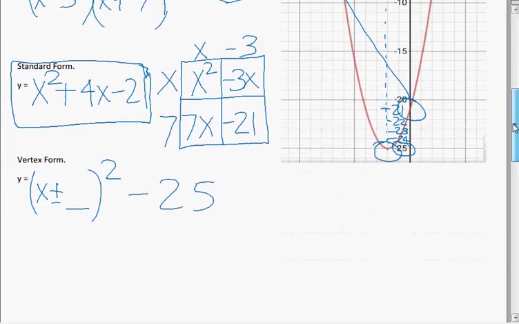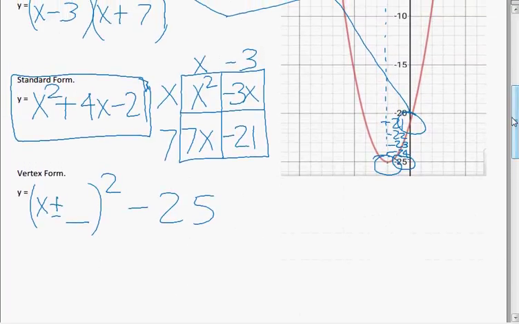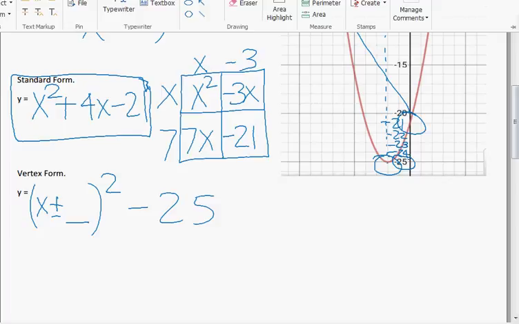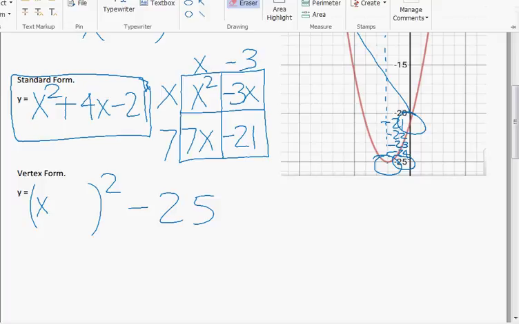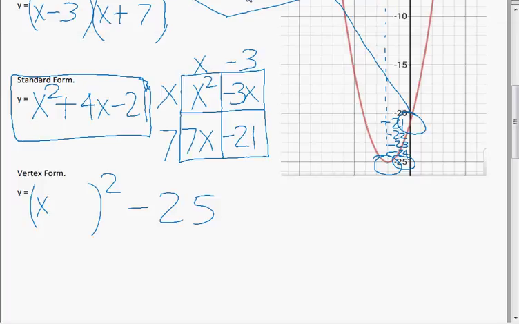So I will put in plus 2, because we found that inside we have to get the parentheses to add up to 0. We need 0 on our parentheses. When we plug in the negative 2, we need to get 0. So I'll put plus 2. Negative 2 for x, plus 2 will give me 0. This is my vertex form.